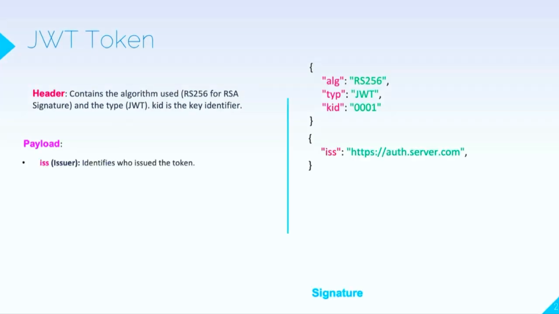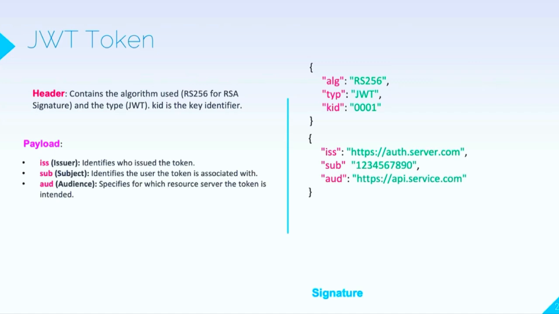For example, in this payload we have the issuer of the token, indicating who issued it, like the URL of the authorization server that issued the token; the subject of the token, usually a user ID; the audience, for whom the token is intended, often a specific API; and the expiration time, indicating when the token should no longer be accepted.